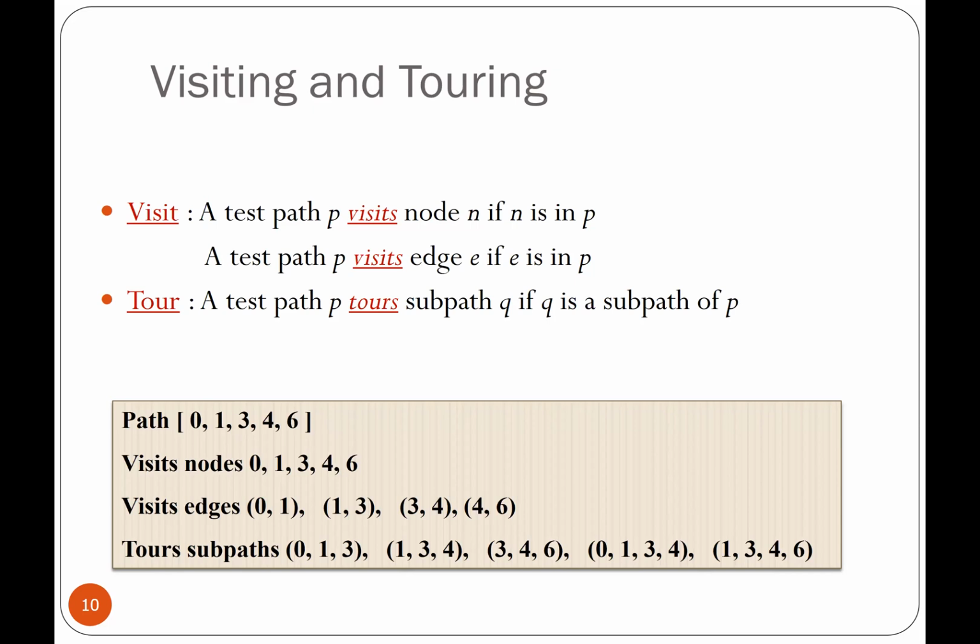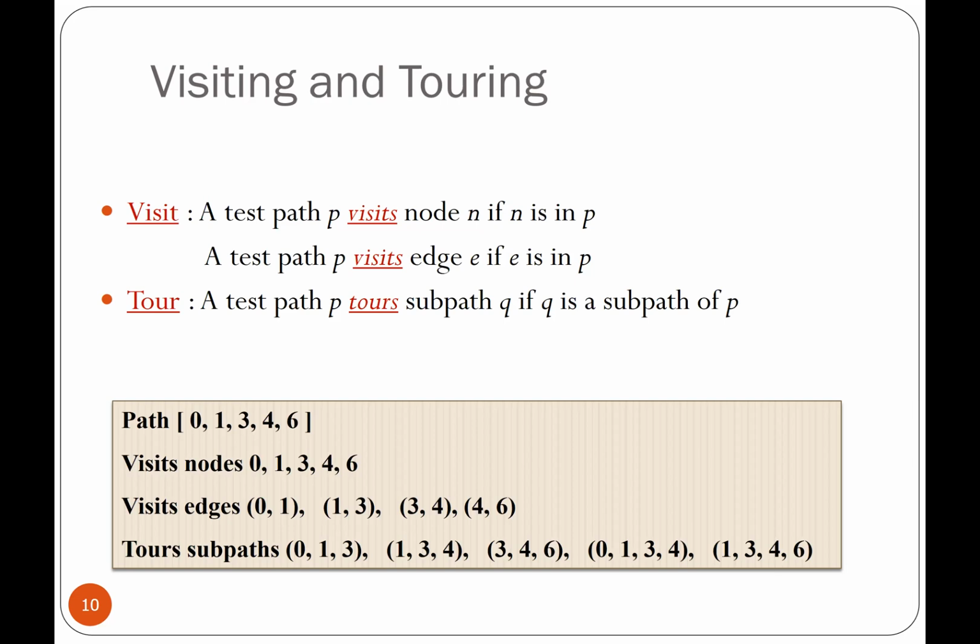So visit applies to a particular node when that path is visiting that particular node. If there is a little subpath, a number of nodes that we're visiting from a bigger path, then that is called a tour. All right. So we visit nodes, we visit edges.